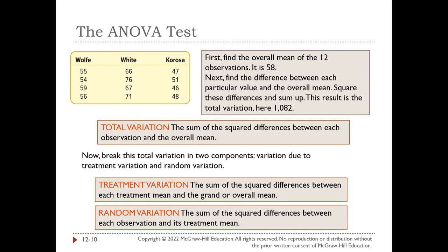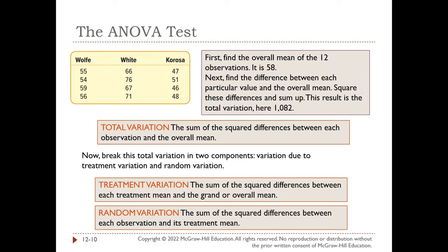So we're going to test it. Because why not? We're doing statistics. Let's test it. So first, find the overall mean of the 12 observations. Again, we're going to add them all up and divide by 12. We find that it's 58. Next, find the difference between each particular value and the overall mean.